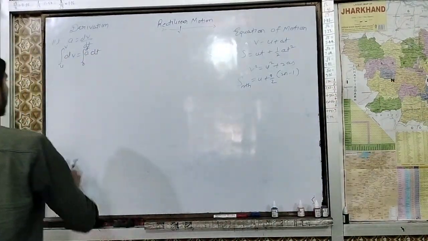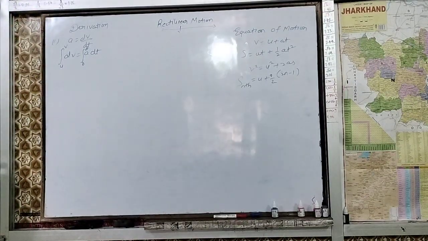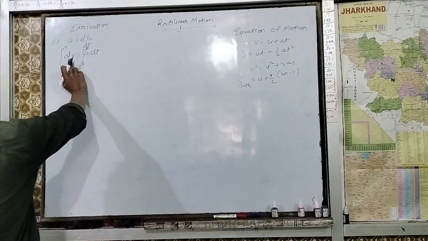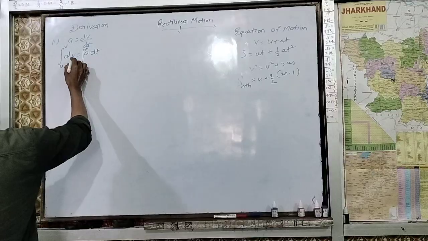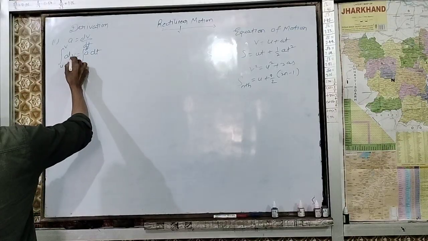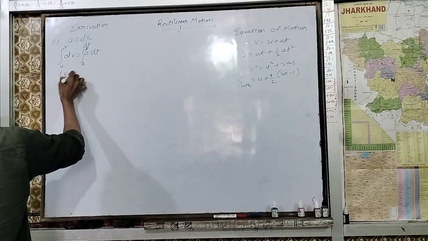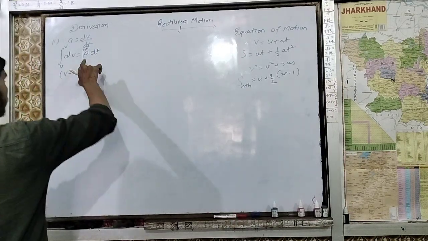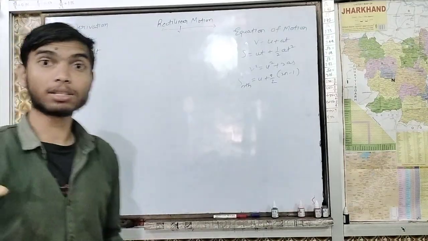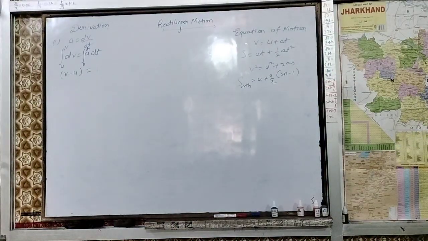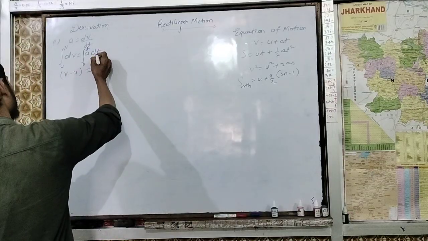Now let's simplify. Since we have limits u to v and 0 to t, the integration of dv is v. When you put the limits, you get v minus u. And a is a constant, remember, and t is the change.